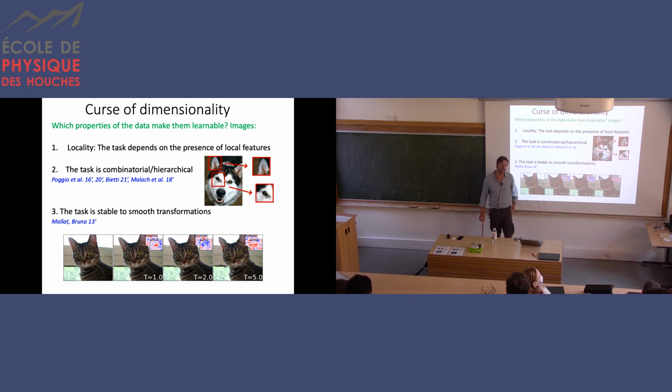Yes? How is this different from Lipschitz? From what? From Lipschitz of the target function. Well, it has nothing to do with it, because here you have the notion of two-dimensional space. Right? Lipschitz with respect to what? The input space.